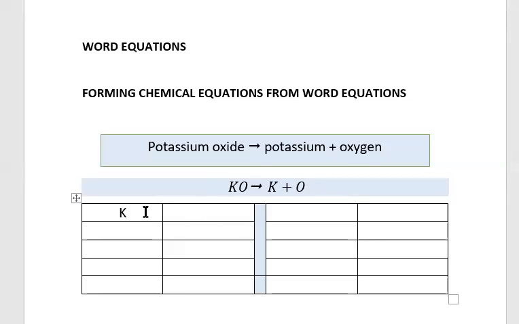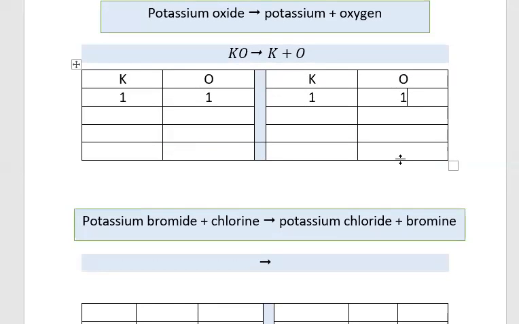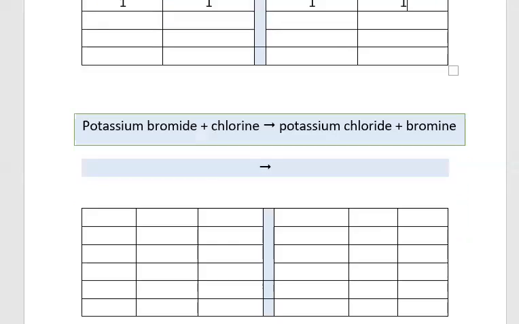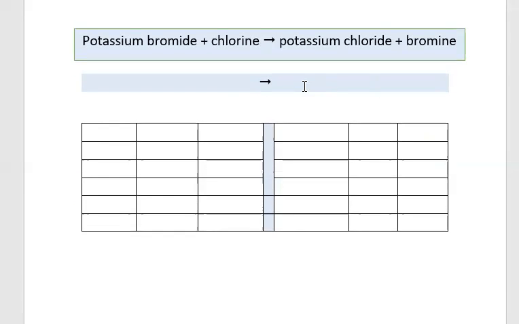We break the elements up on each side, products as well as reactants, and we count. So we have 1 K and 1 O on the reactant side, and 1 K and 1 O on the product side. Am I balanced? Yes.